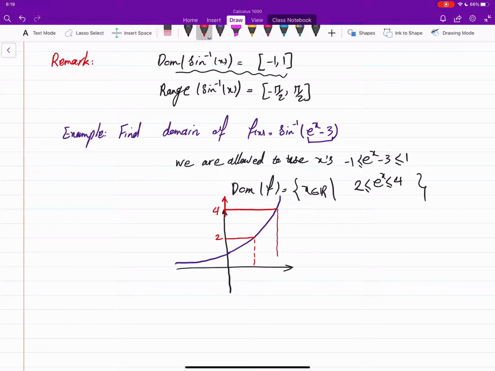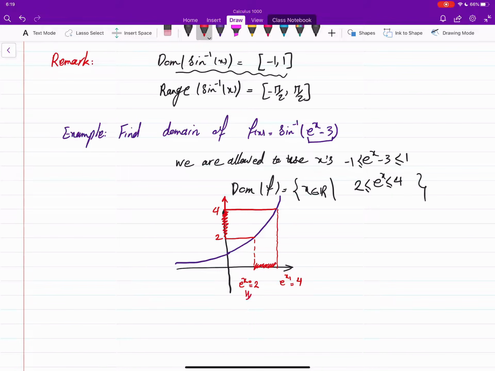Well, the x of such a thing will be exactly between the number whose e to the power x is equal to 2, let me call it x naught, and another number, e to the power x1 would be 4. Yes, because this is the interval which will be sent to that interval. So it means that we are dealing with all x's which is between x1 and x0.